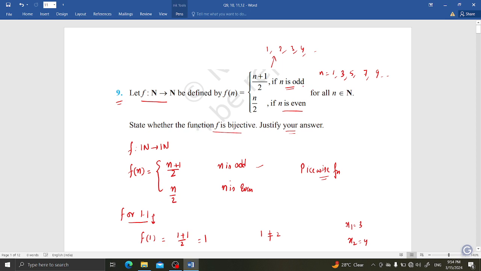So corresponding to every odd number we get a natural number 1, 2, 3 and so on. Corresponding to even also we get: even numbers are 2, 4, 6, 8 and so on, so 2 by 2 is 1, 4 by 2 is 2, 6 by 2 is 3, 8 by 2 is 4, and so on.